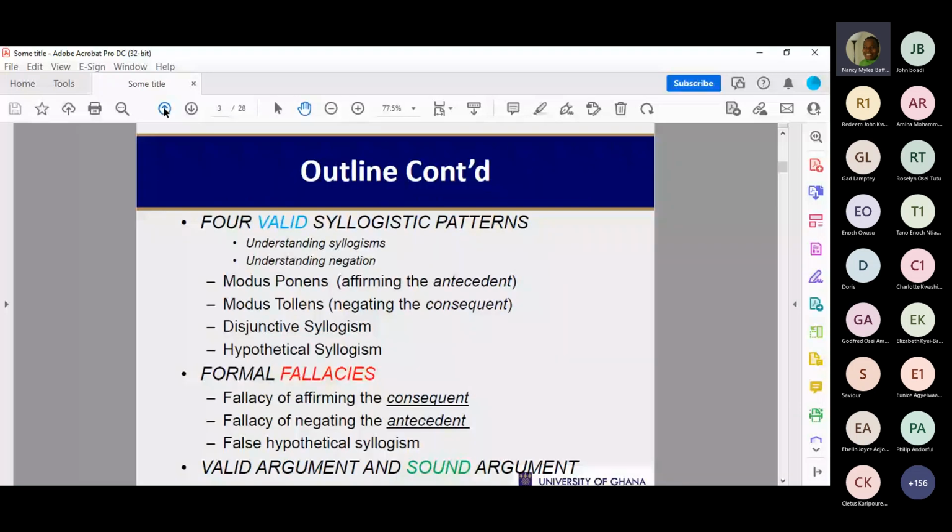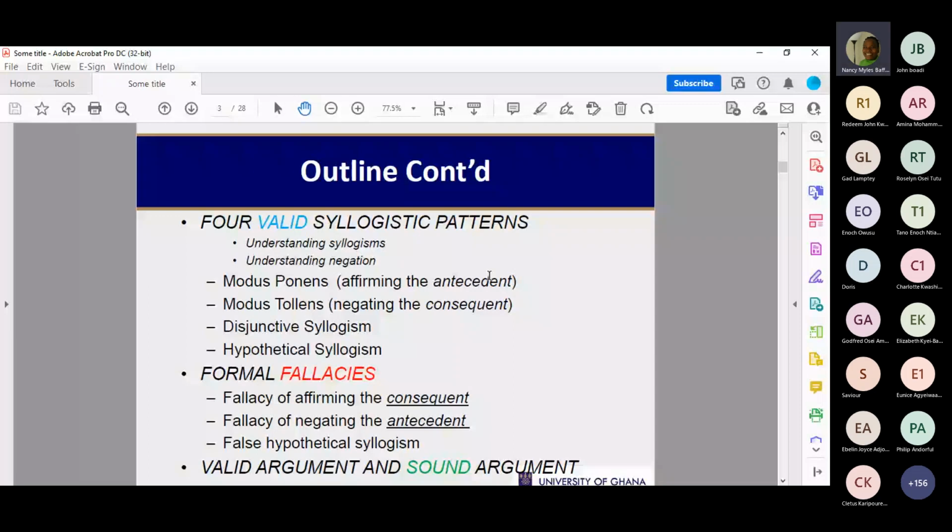Look at our slide. Madam, read it for us. Look at modus ponens here. It's called affirming the antecedent. So right after we're given our universal statement, what we did next was to affirm the antecedent. That means we ensure that the antecedent happened right after the general statement.